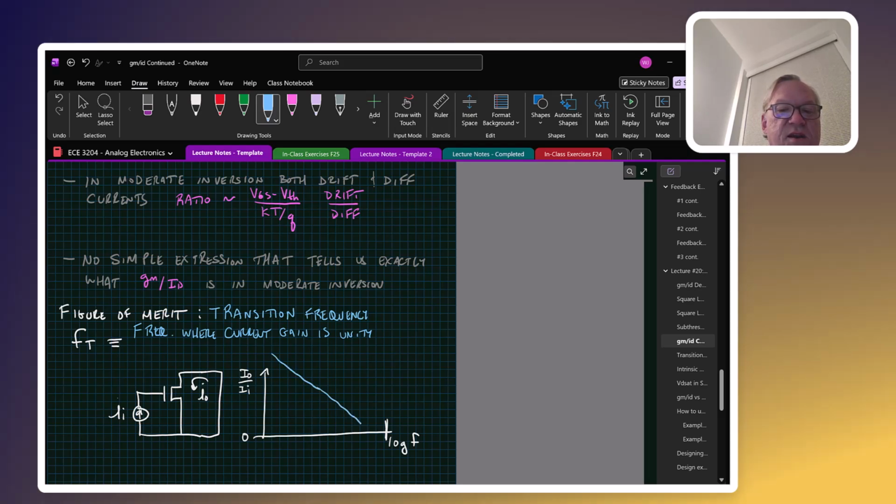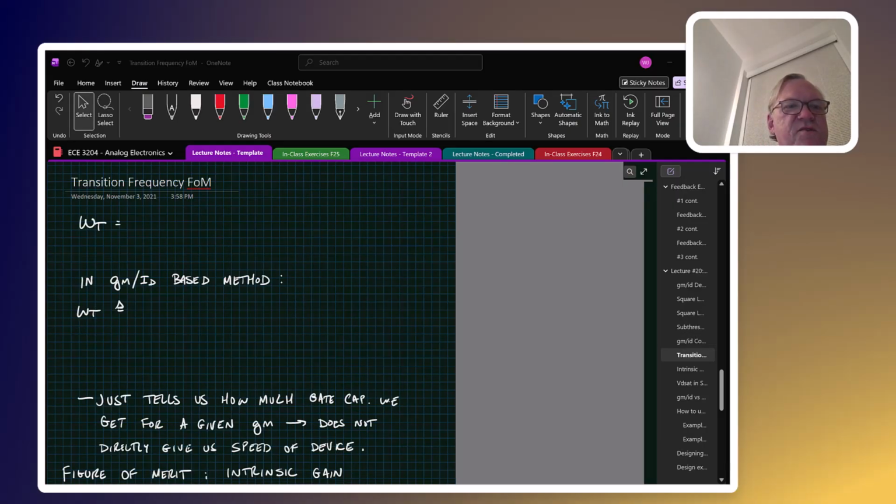At some point here, it will cross the 0 dB line, and the frequency that it crosses at is Ft. Now, why is this a good figure of merit? Let's look on the next page.